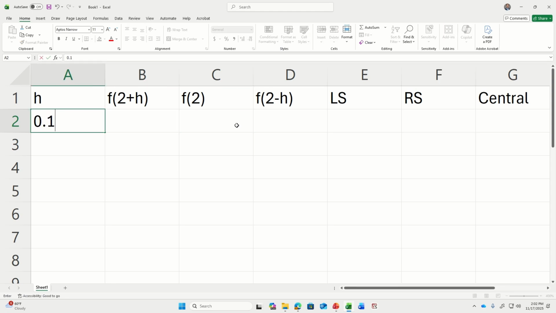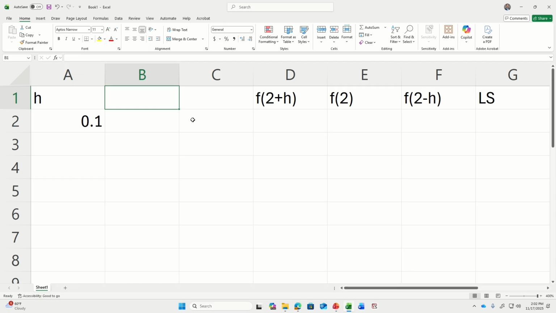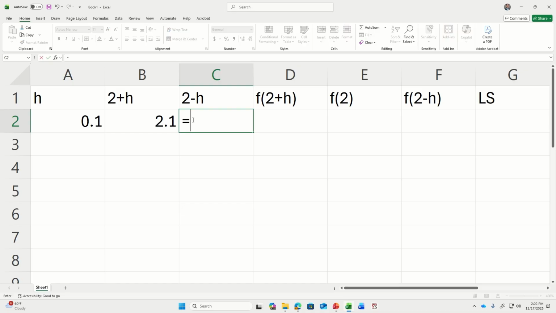And so if h is 0.1, f of 2 plus h is, let me make a couple more columns here. I'll make a column for 2 plus h, a column for 2 minus h. So this is just going to be 2 minus that number. This is 2 plus that number. This is going to be 2 minus that number.